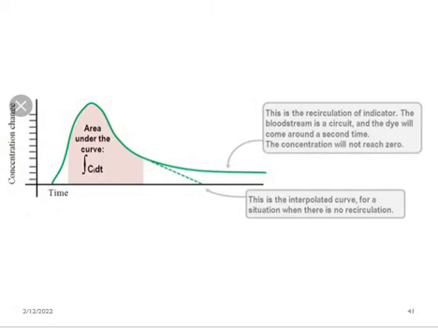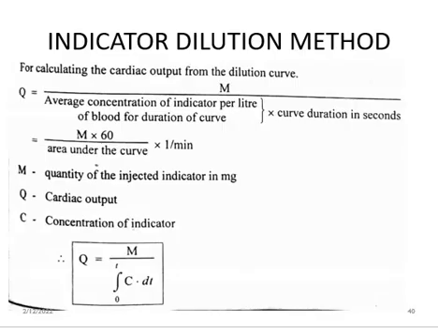Here you can see the area. This is the concentration, the area under the curve of the concentration of the indicator. This area must be included in this C0 to T, the concentration of the indicator area.